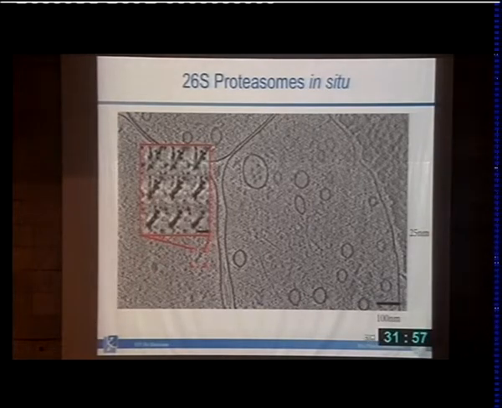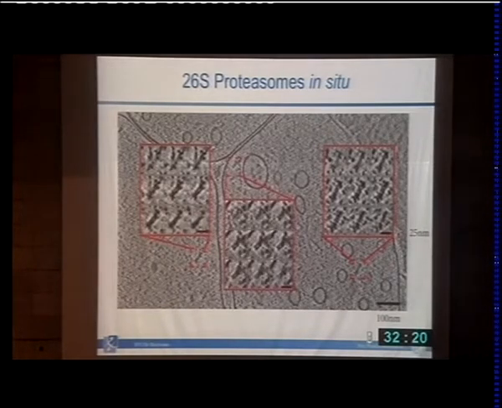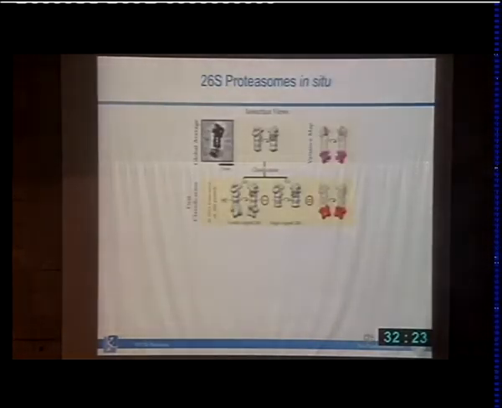So there's another one, for instance, here. You see only those which are in a fortunate orientation, perpendicular to the electron beam. And again, this is a tomogram of a single 26S proteasome here. And of course, it's full of them. There are others which are not double capped.